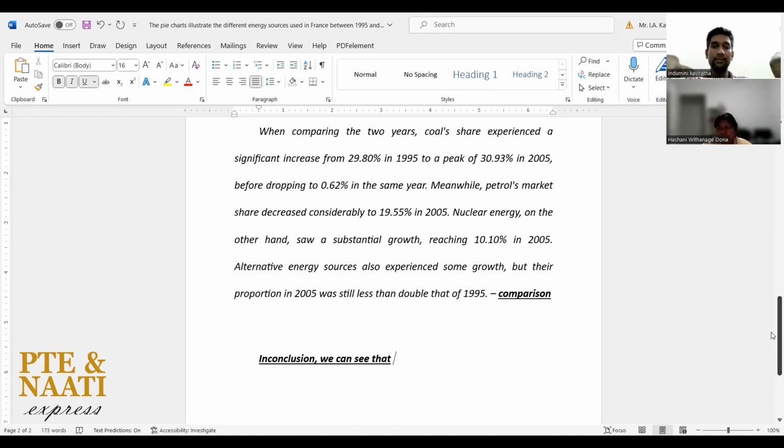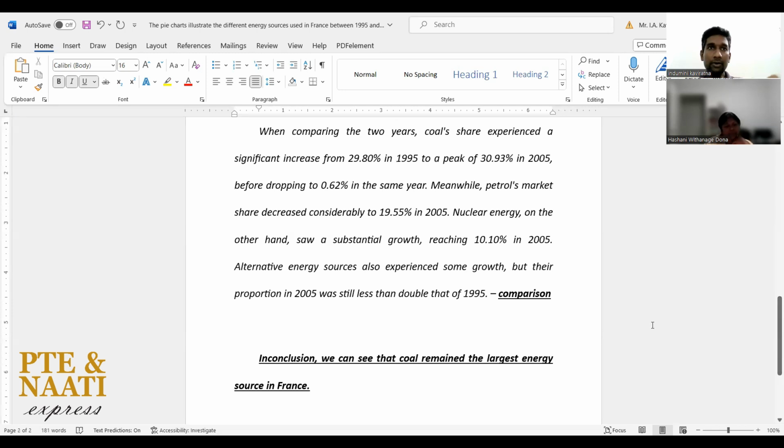You can see that coal remained the largest energy source in France, something like this.